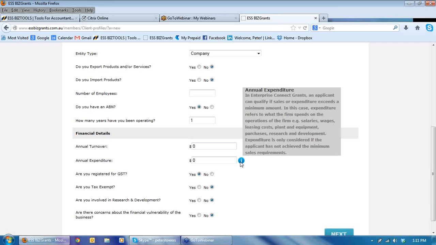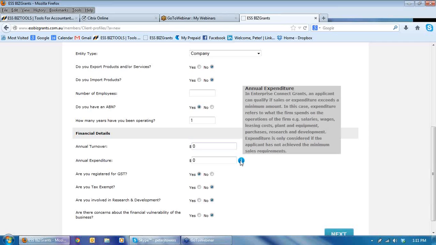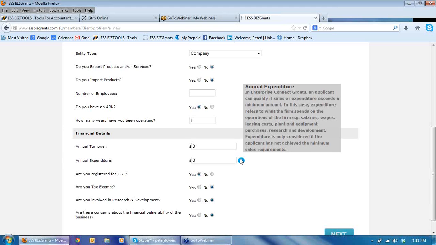Annual expenditure we've included because Enterprise Connect, arguably the largest grant on an individual grant basis, has this concept that a business can qualify if it achieves either a minimum turnover or minimum expenditure, which is the same amount. So for example, a manufacturing business requires a minimum turnover of $1.5 million.